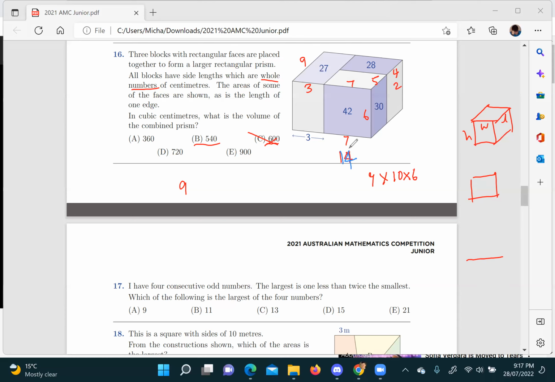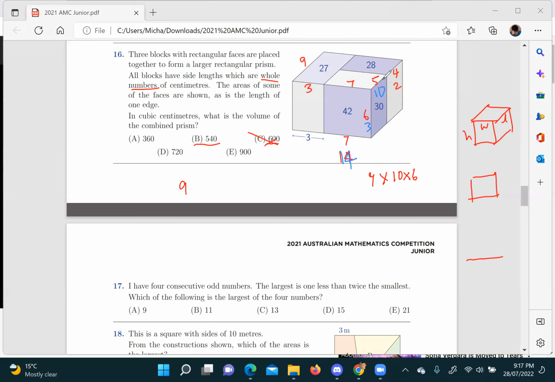This was 14. This would be 3. This would be 10, which is bigger than 9, right? That's not allowed. Actually, if you find one that works, it has to be the right answer because it's meant to be unique.